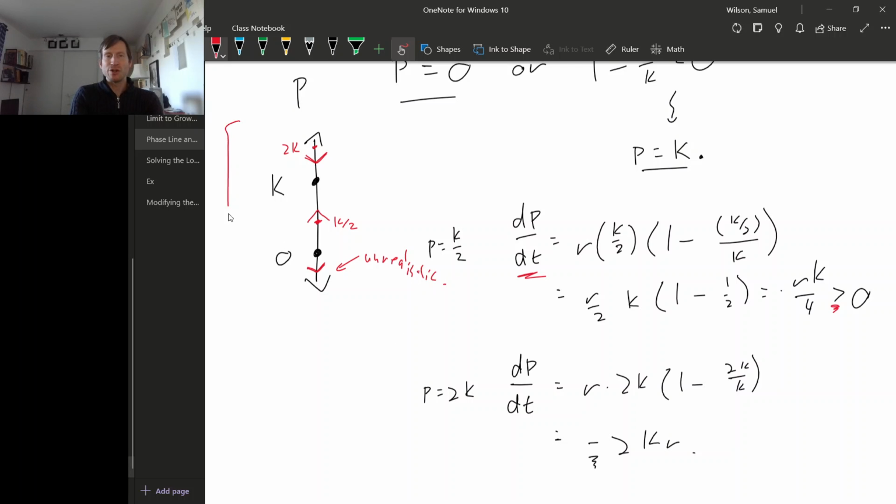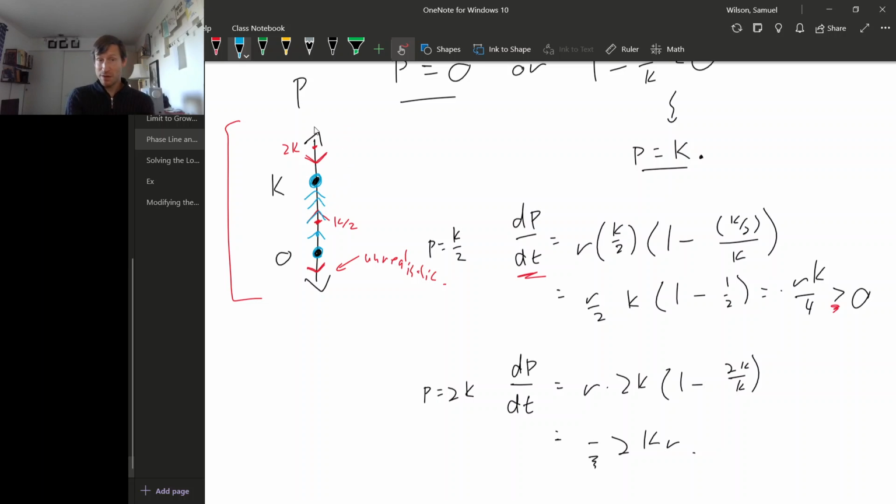So let's summarize what this picture is telling us. First, we have the equilibria. There's an equilibrium at 0, and there's an equilibrium at k. Also, this picture tells us what happens to all the other solutions. Any solution that starts between 0 and k increases towards k.